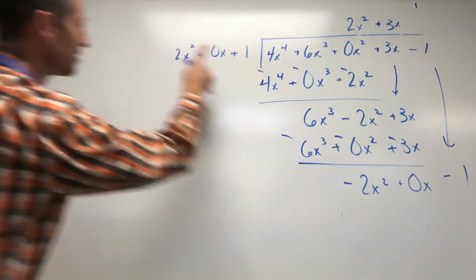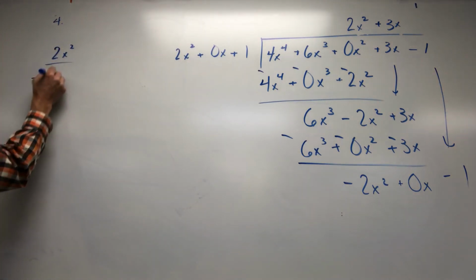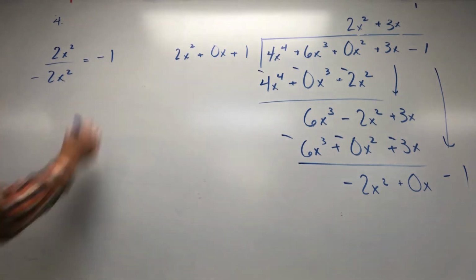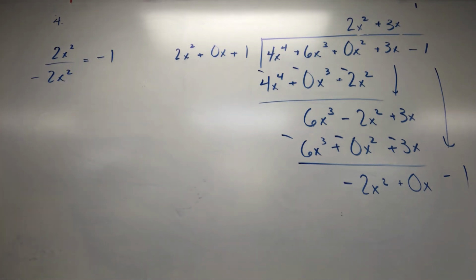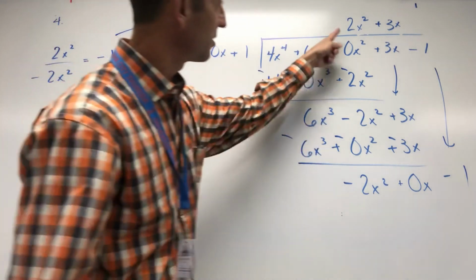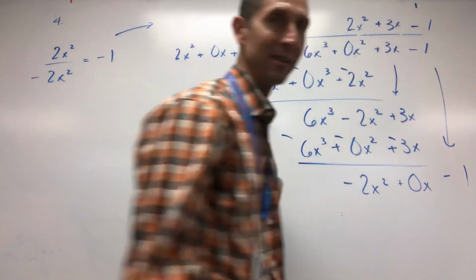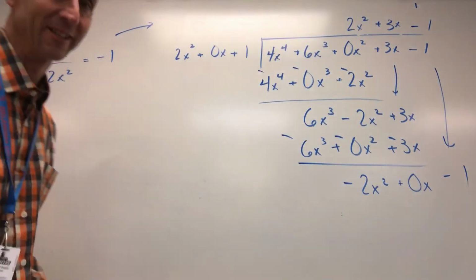Leadoff hitter. 2x squared, minus 2x squared. Looks like just a -1 is what we've got. All right, fourth powers, third powers, second powers, x's, -1. Hopefully you can see it on the end there.